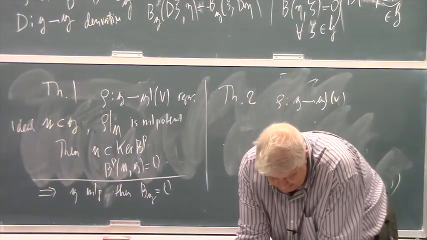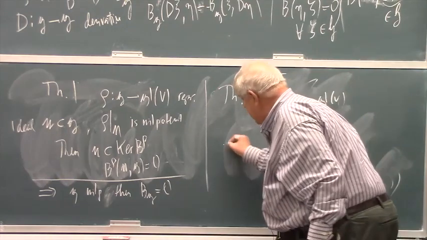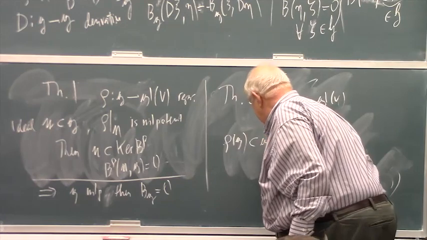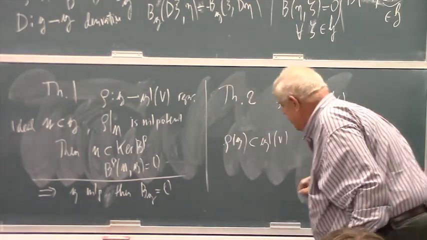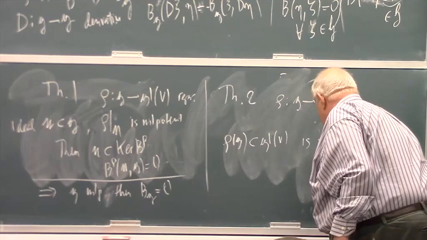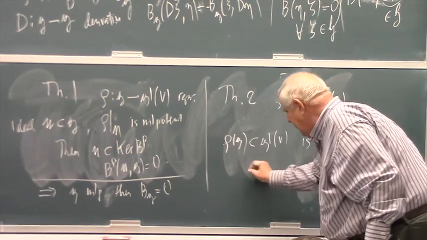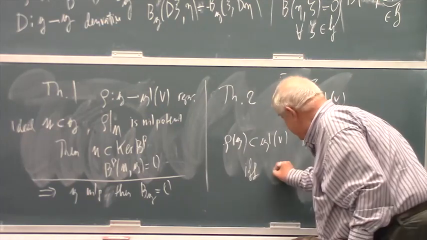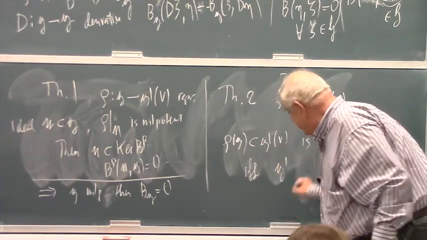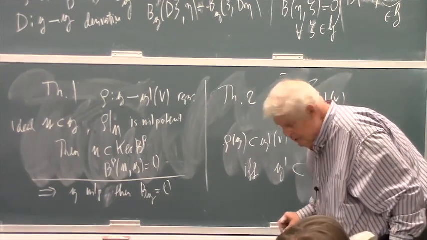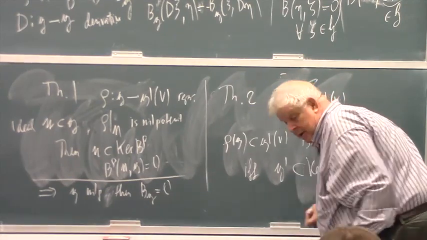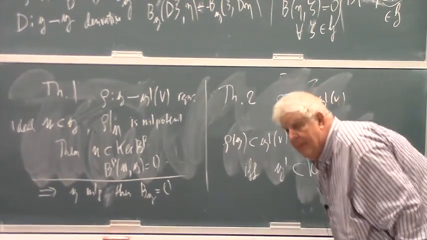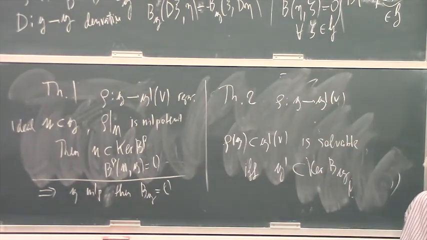Then the image of this representation, in GL(V), is solvable if and only if G prime, the commutator subalgebra, belongs to the kernel of B rho of G. This is the theorem.